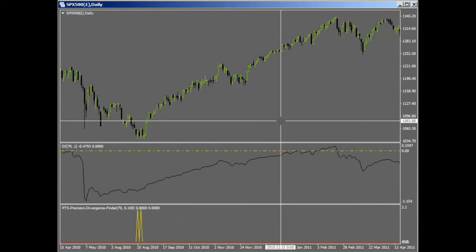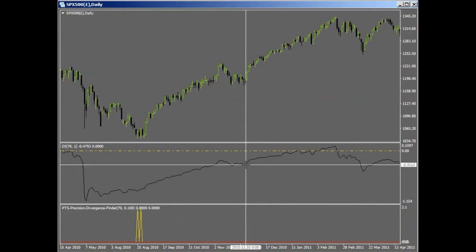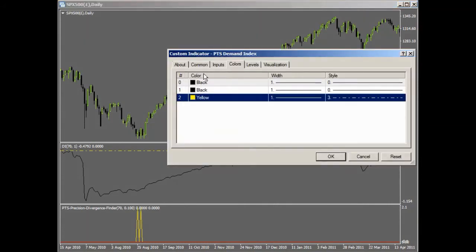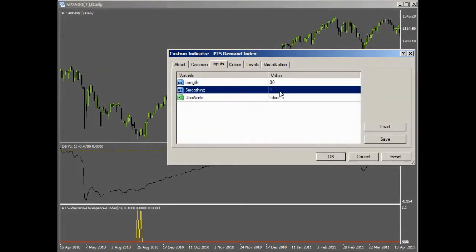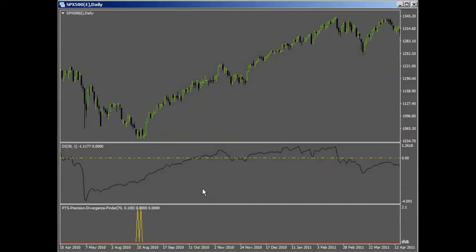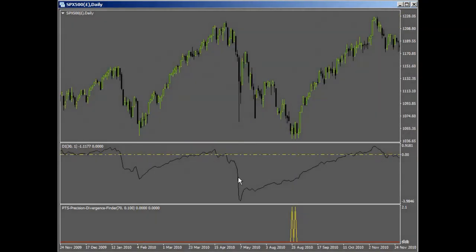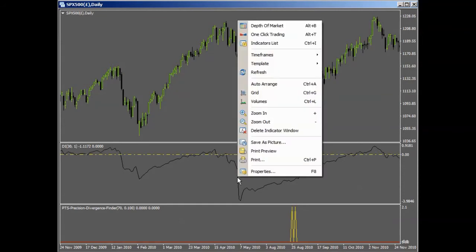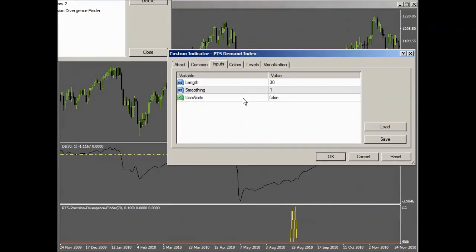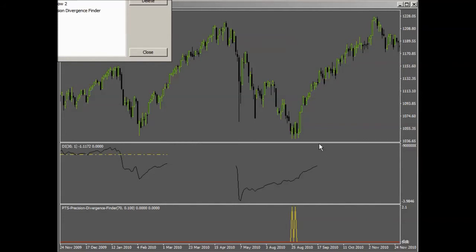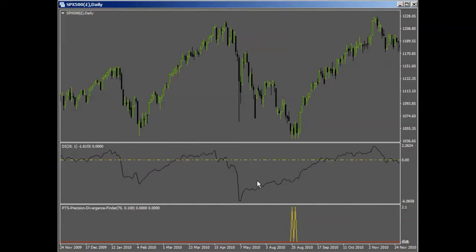Now I'm going to show you what happens if we shorten the length. So demand index, I'm leaving it here. If we look at length 30 and no smoothing, the plot will become more volatile, so there'll be more divergences seen, and the numbers will be bigger, the differences.